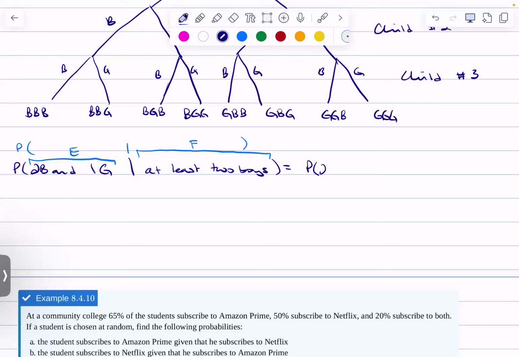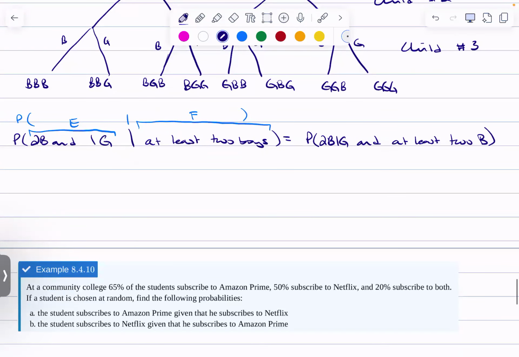Probability of 2 boys, 1 girl, and at least 2 boys divided by, right? This is an and here, divided by the probability of at least 2 boys.